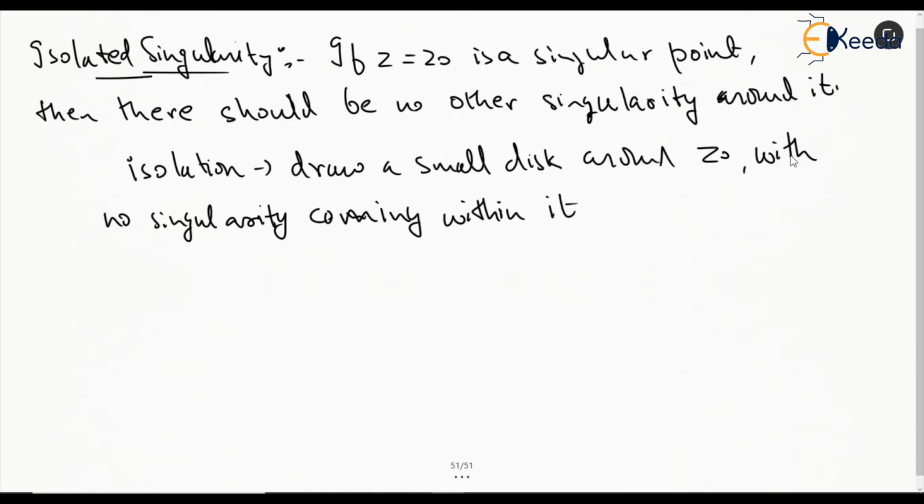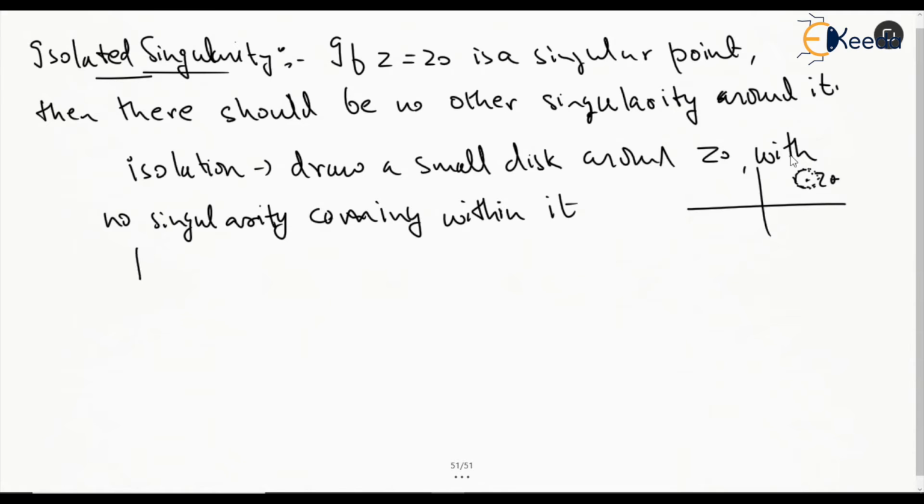So let's say this is z naught at which we have singularity, then we should be able to draw a small disk around this point so that there is no other singularity within it. This is isolated singularity.